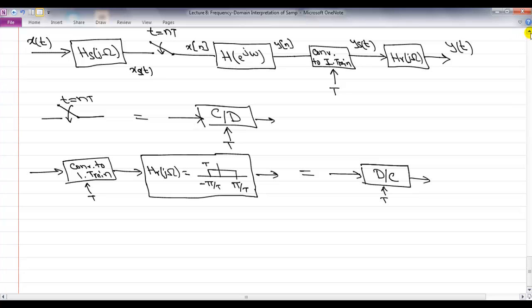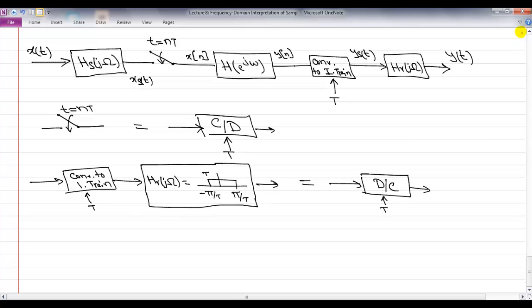Okay. So right now, though, we are not going to assume anything about hr j omega. We just want to write down the output y of t in terms of its Fourier transform. So to do that, let's just traverse one block at a time in frequency domain. All of these operations, as we have seen, we can very well identify what happens to the frequencies.